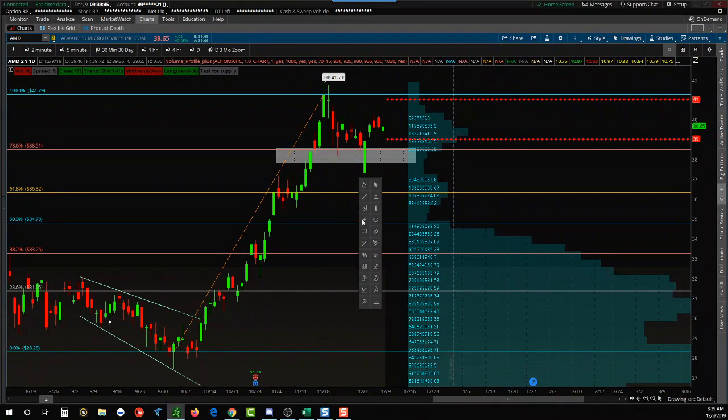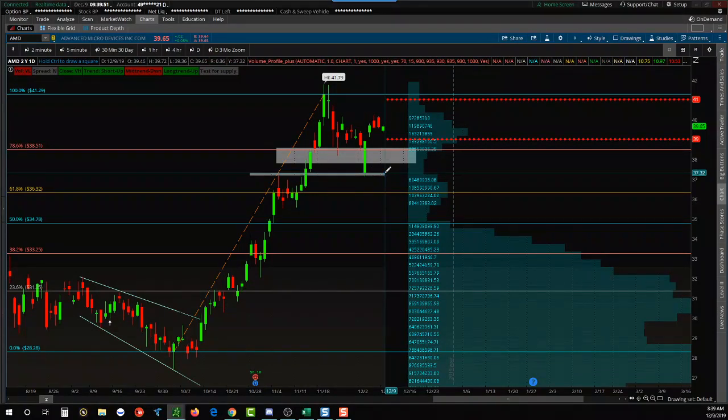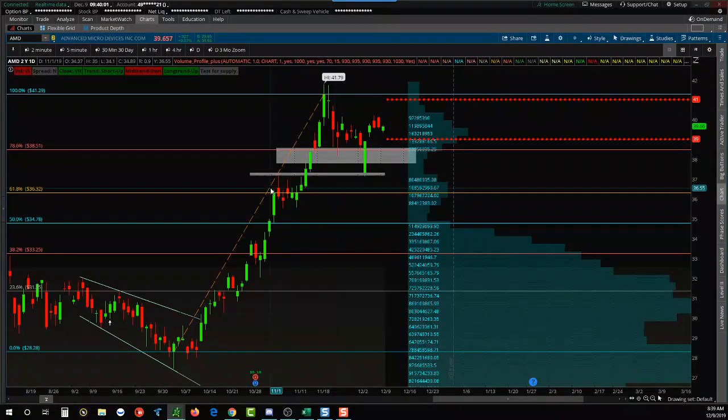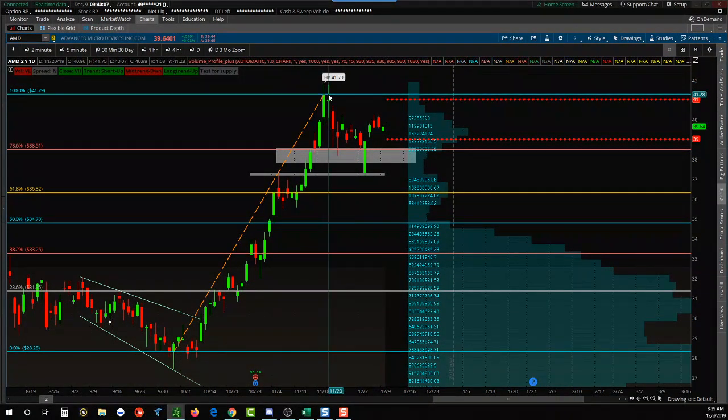But the crash and burn was still analytically perfect. It fell back down to this price structure, bounced off of it, came right back up again. And what we're looking at here is we're still maintaining that 786. We hadn't even got close to the 618. And we're looking for this to work its way back up at least into the 100.